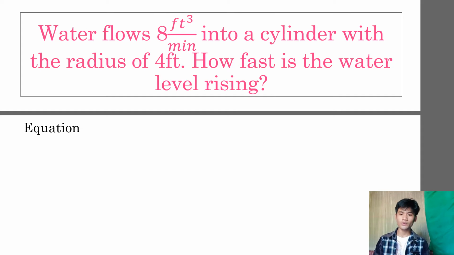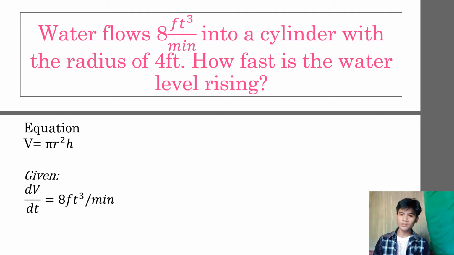The equation we could relate is the volume itself. So we have volume is equal to pi r squared h, radius squared times height. The given is dV over dt, the derivative of our volume with respect to time, which is 8 cubic feet per minute, and our radius, which is 4 feet.